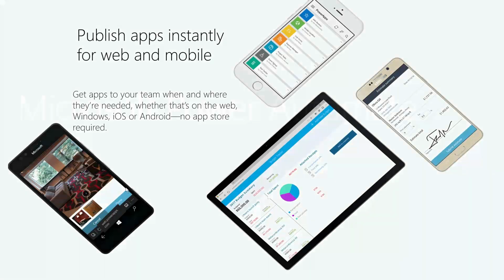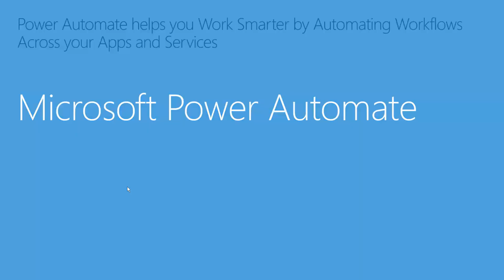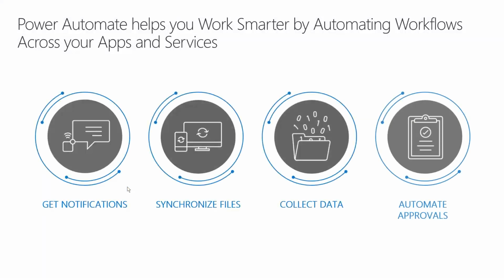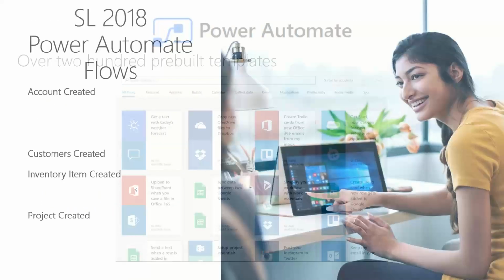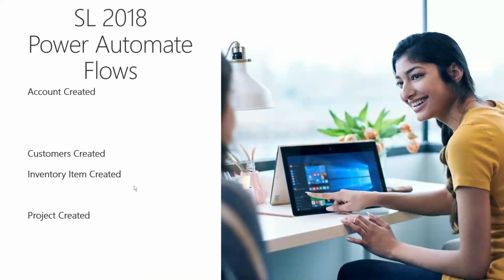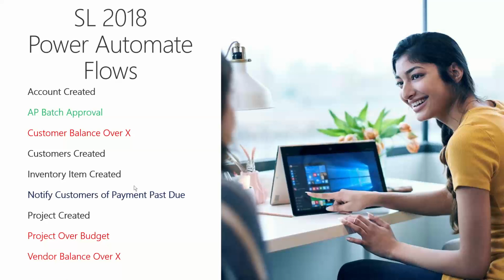And then with our Power Automate, what are those things that you'd like to get notified about? I've showed a lot about automated emails that will allow you to do approvals. We've also included here a series of Power Automate flows, which is what the emails are called. You can see we do everything from let me know when someone puts in a new customer or account, to when is my project over budget, when is my vendor over a certain balance or my customer over a balance.